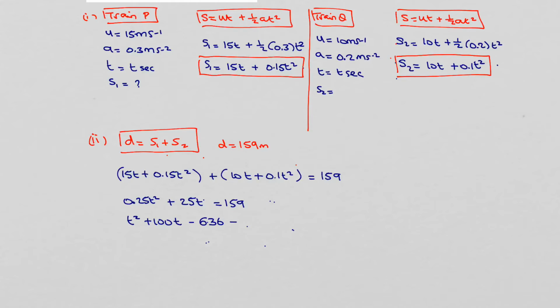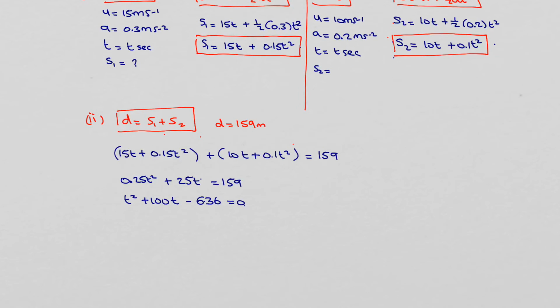Now you can, of course, leave it in terms of 0.25t squared and just go to your minus b formula. It doesn't matter how you solve your quadratics as long as you are solving them correctly. But if you spot a nice neat quadratic, sometimes this is easy to factorise.